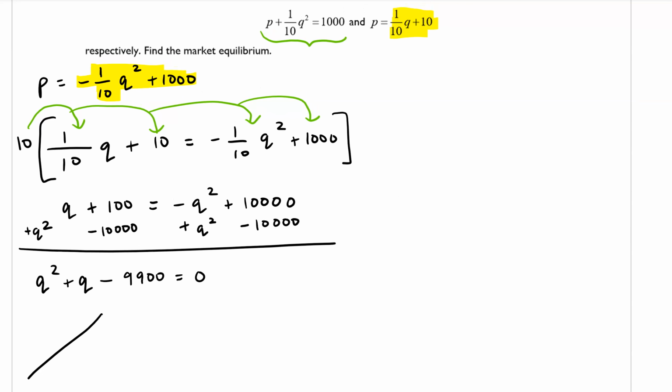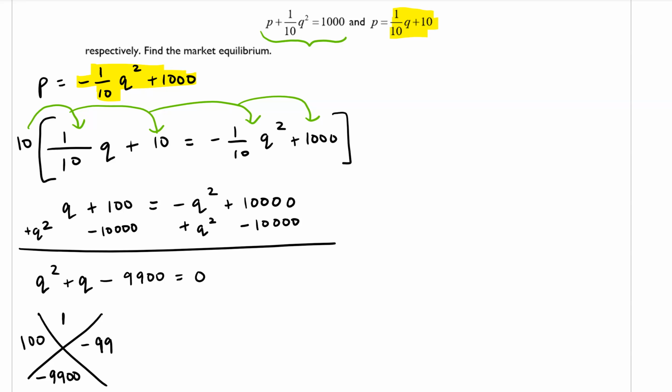So I'm going to create my x, and I'm going to put 1 on the top and negative 9,900 on the bottom. And I'm trying to think of two numbers that add to 1 and multiply to negative 9,900. And the numbers that should work are 100 and negative 99.